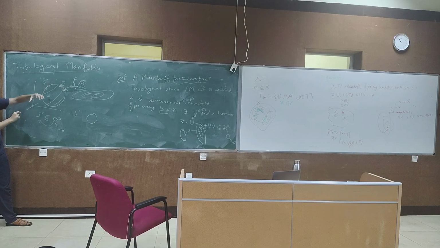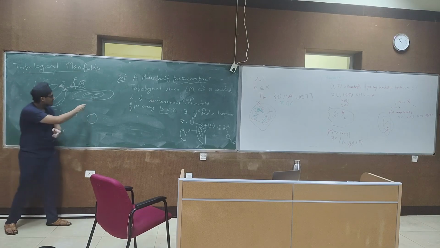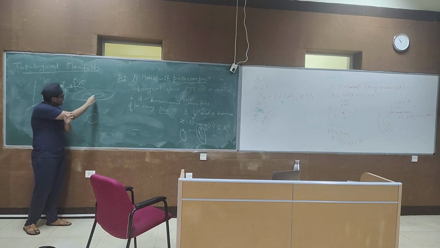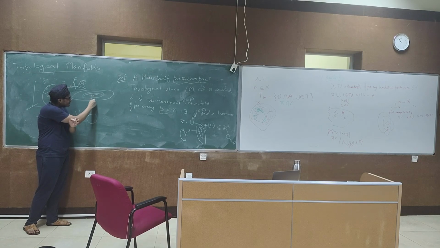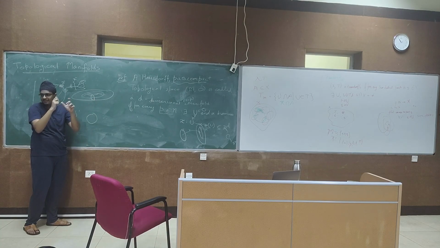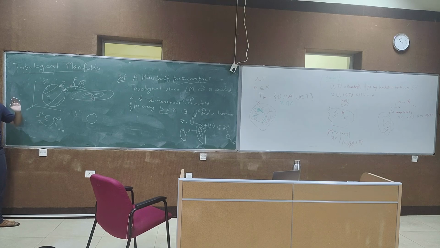S2 is the surface of a sphere. S1 cross S1 is a torus. Corresponding to each point of the torus, you could define two coordinates, one corresponding to each circle. So you could write any point in the torus as a Cartesian product of two points on circles. The sphere is called S2.